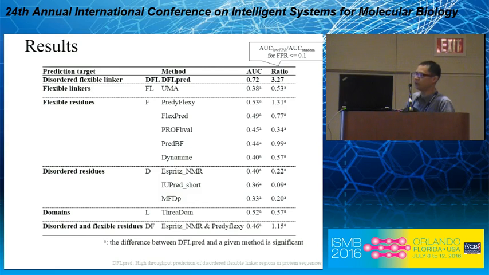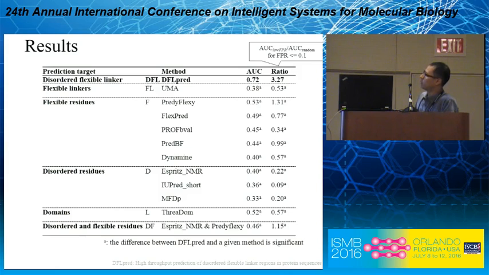We assume the regions which are not predicted as domains are linkers, L. We also combine the predictions of flexible residues and the predictions of disordered residues. In this case, we find the residues which are both disordered and flexible, DF.